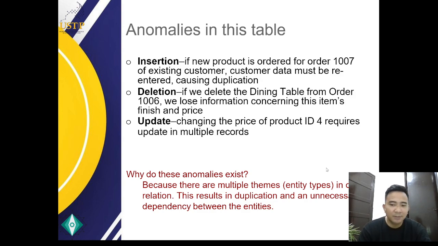This results in data duplication and unnecessary dependency between entities. To resolve these issues, the table should be decomposed into separate relations, each representing a single entity type. This would eliminate anomalies and improve the overall structure of the database.